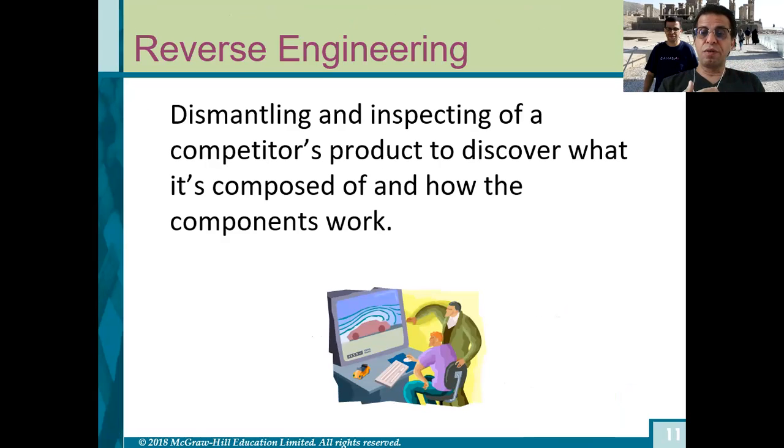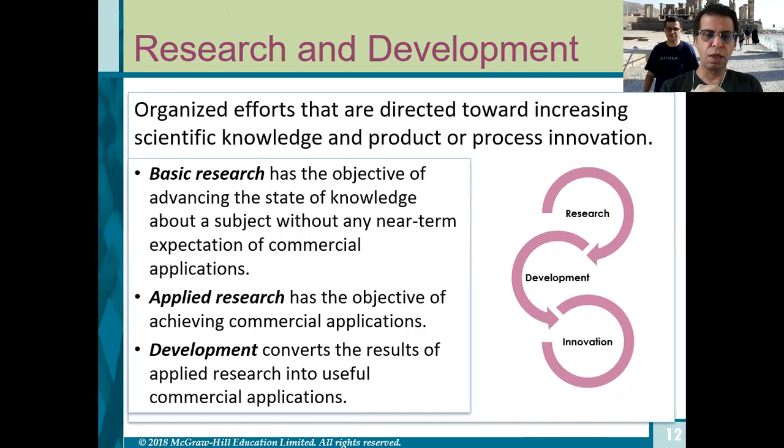When we do reverse engineering, basically we dismantle and inspect a competitor's product to discover what it's composed of and how the components work, like the case of Volvo being bought by a Chinese company to improve their cars.